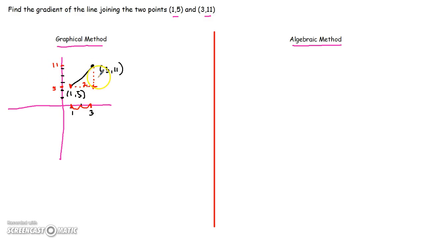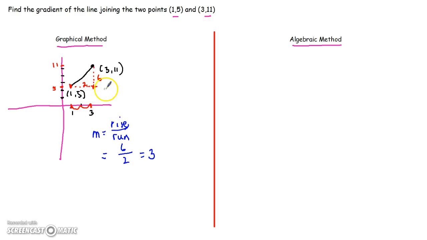So 5 up to 11, we've gone up 6 spots. Let's put that into our formula for gradient. We know our gradient is rise over run. Our rise is 6, our run is 2, so our gradient is 3.